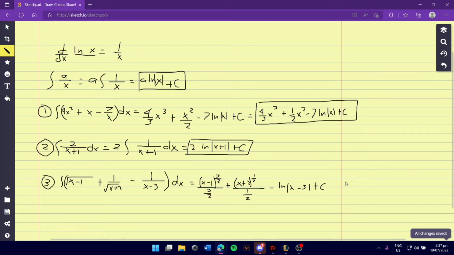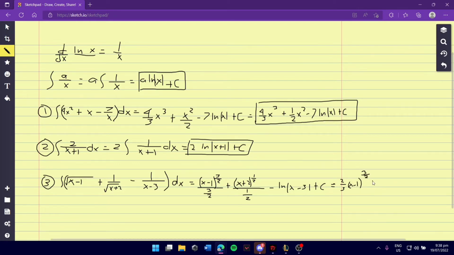So we're going to simplify this. Simplifying, we have 2/3 times x minus 1, and then the exponent is 3 halves.